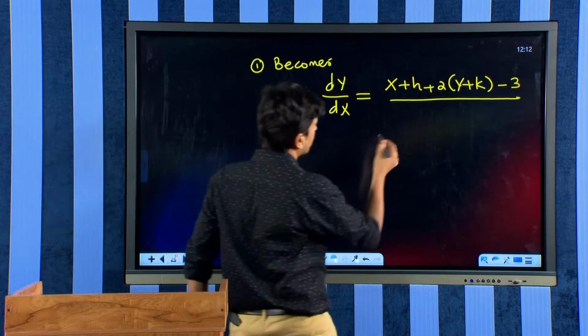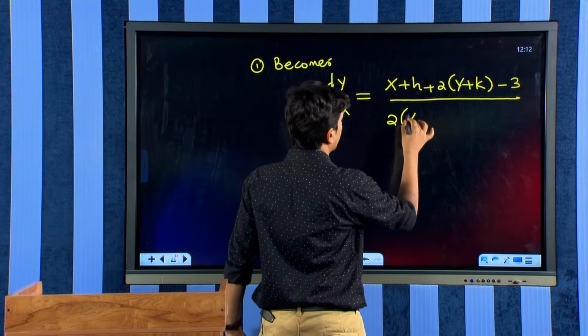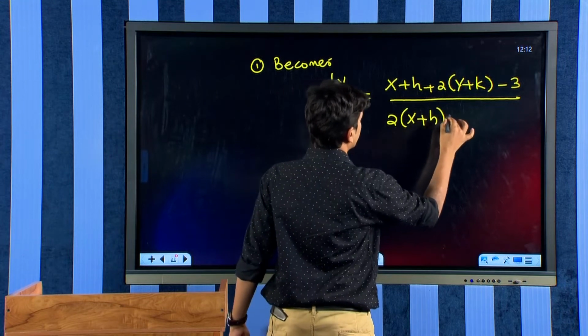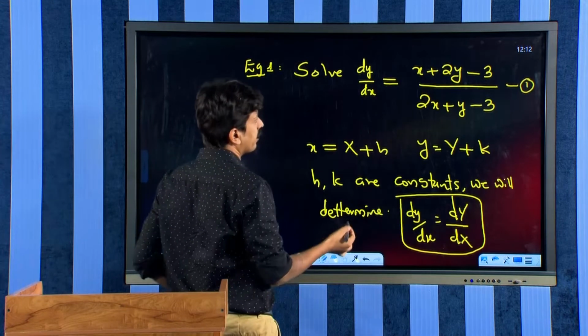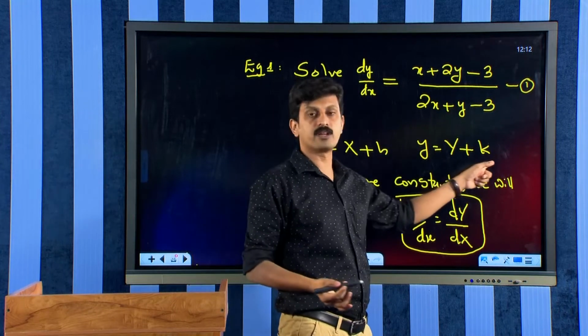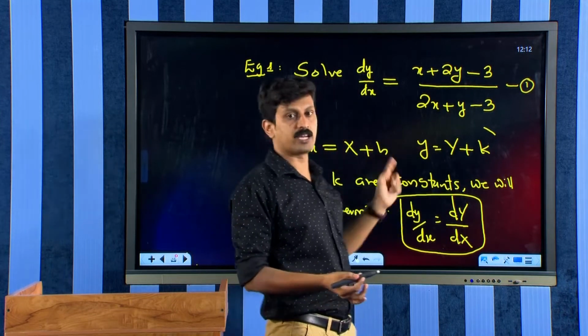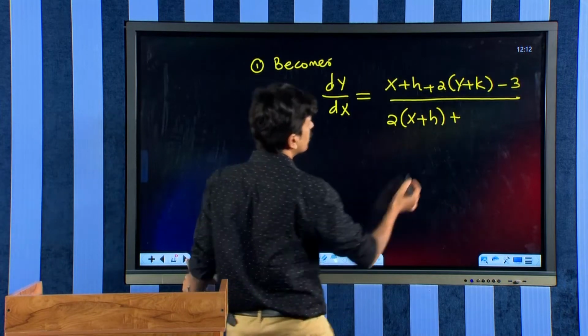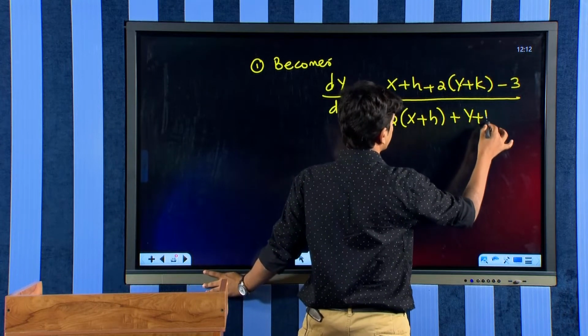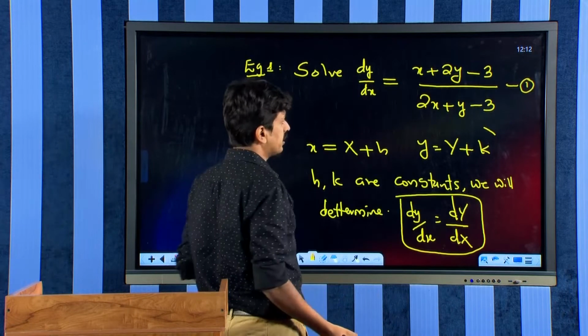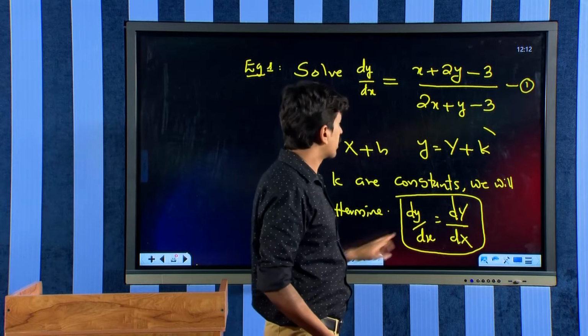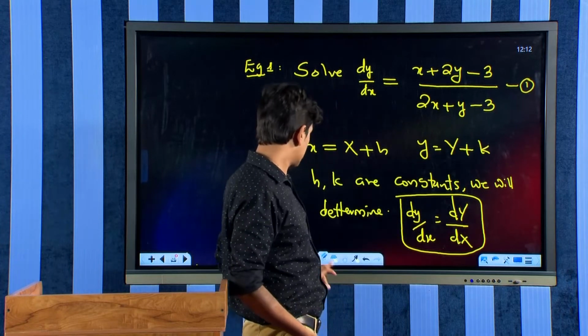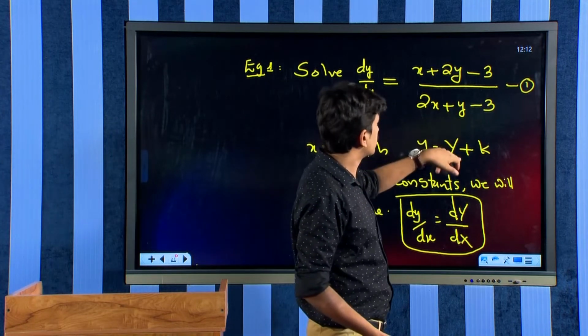Plus, instead of y, we replace y with capital Y plus k, and minus 3.